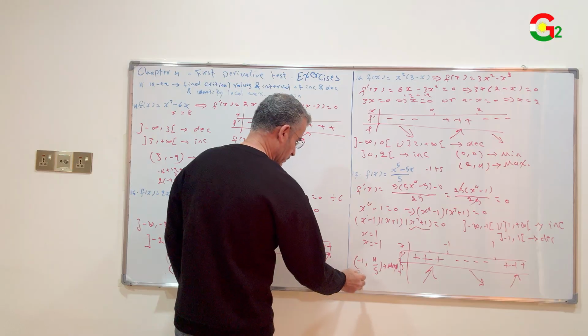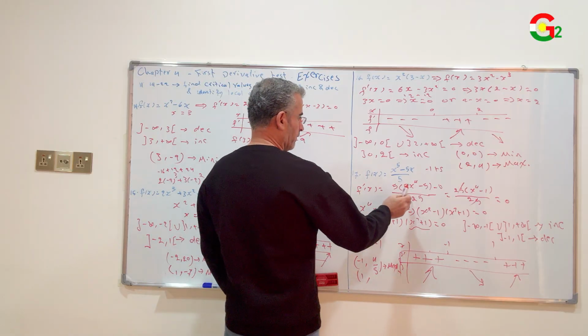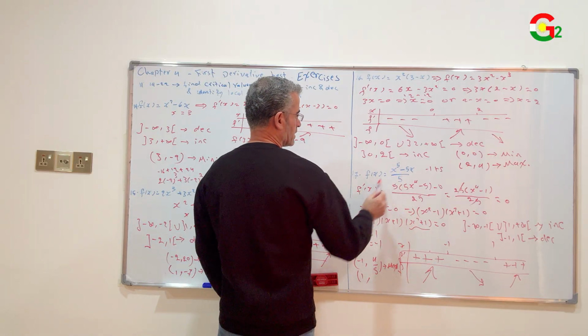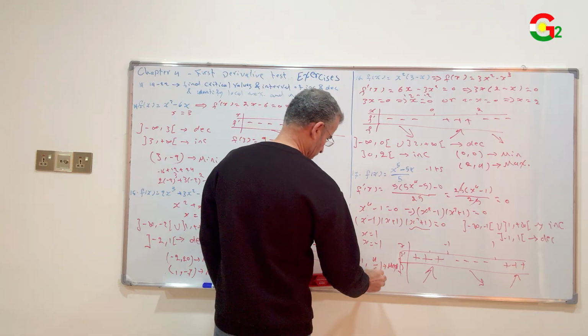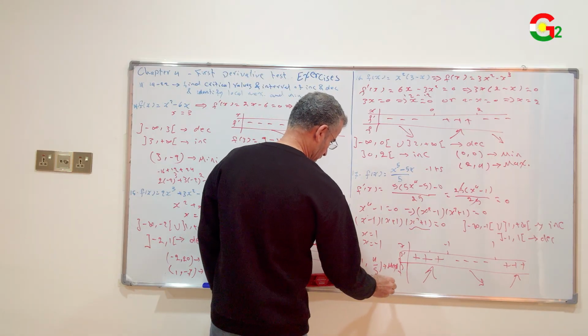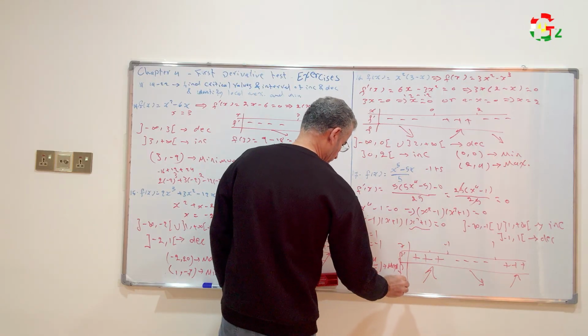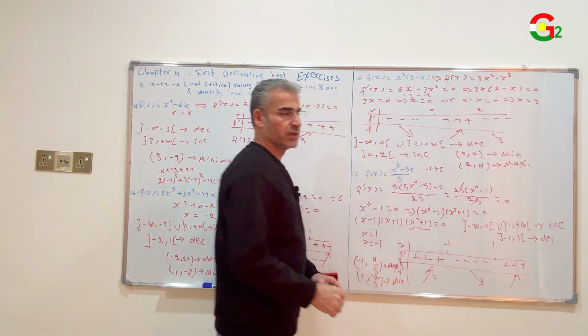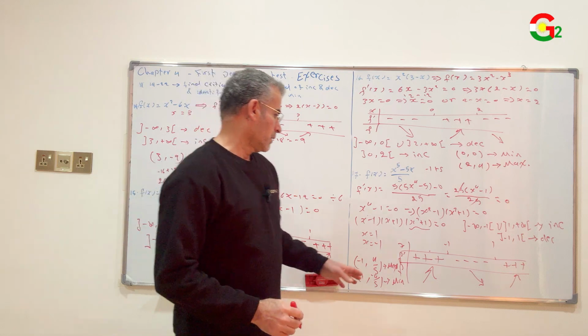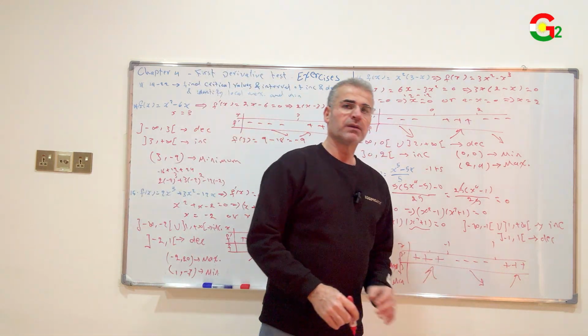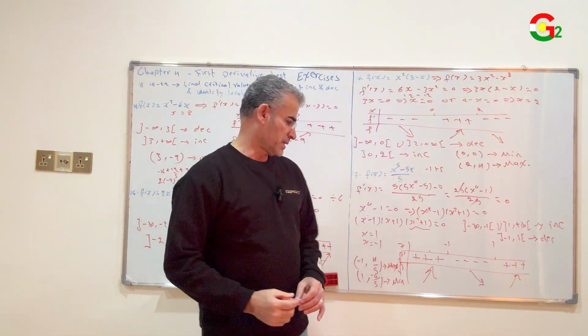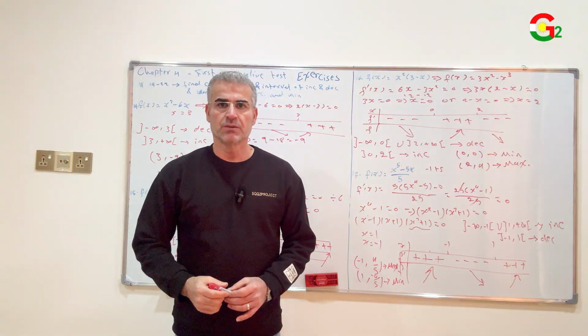And when x equals 1, the function value is 1 minus 5, negative 4 over 5. The value here is a minimum since the sign changes from decreasing to increasing. See you next lesson.